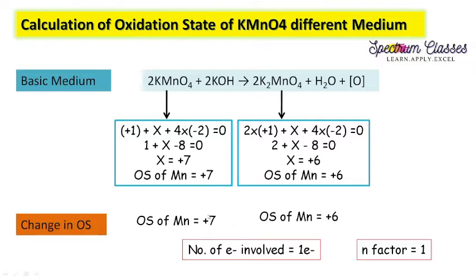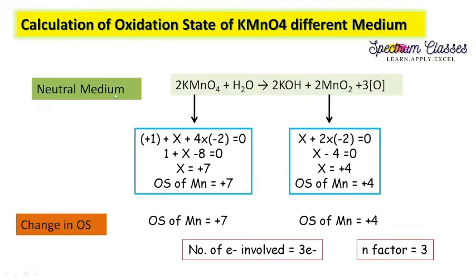So 1 electron is needed for KMnO4 to convert to K2MnO4. So in this equation, 1 electron is involved, and the change in oxidation state in the basic medium is 1, from 7 to 6. So the n factor is 1 here, which will be considered to calculate the equivalent weight in the basic medium that we are going to discuss in the next slide.